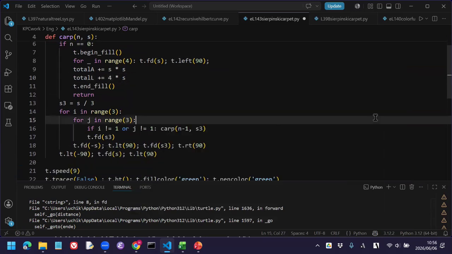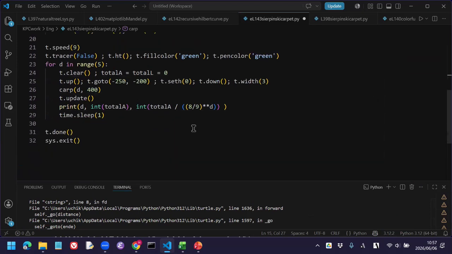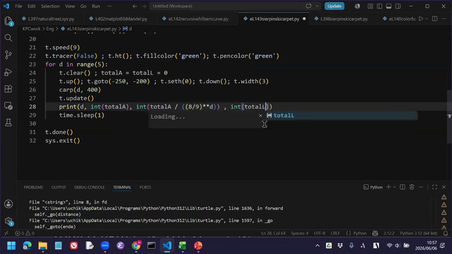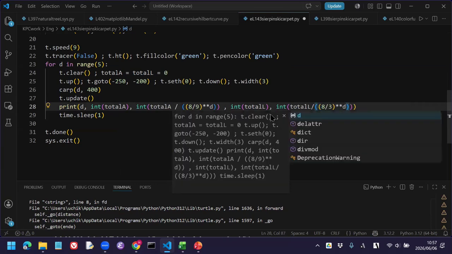And do the same thing for printing. Print D, and here int total L, and also int total L divided by 8 over 3 to the power of D.